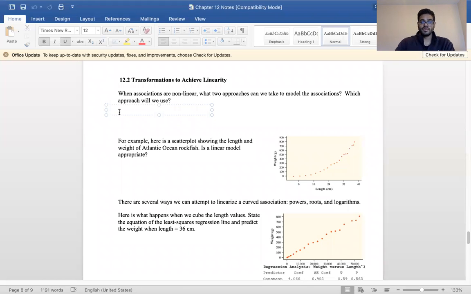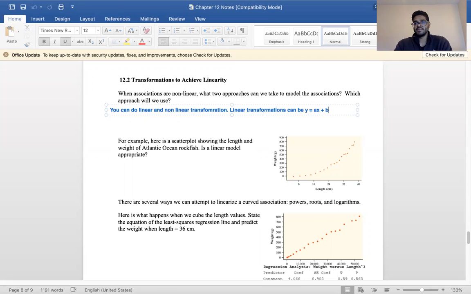So here, I'm going to write some stuff. Linear and nonlinear transformations. Linear transformations can be like y equals ax plus b, right?